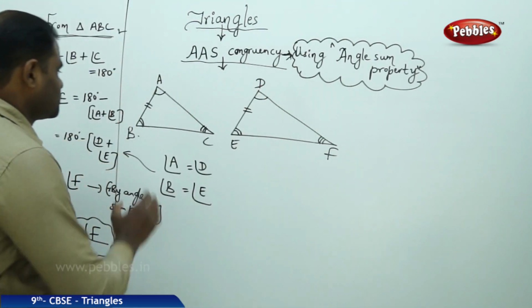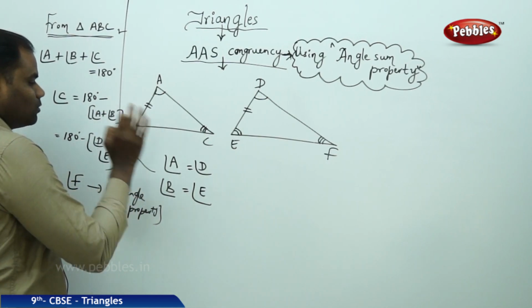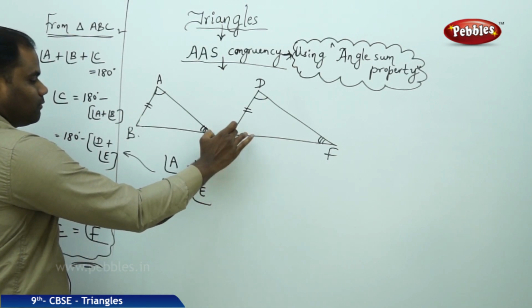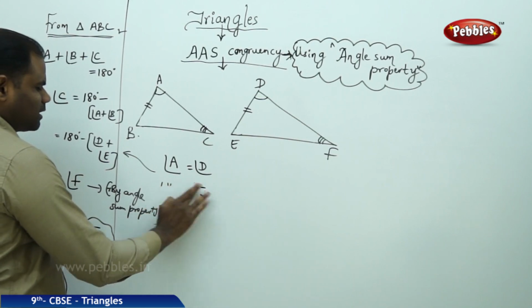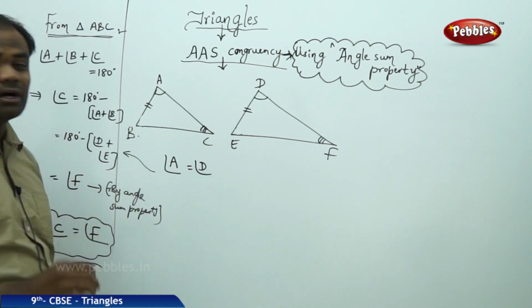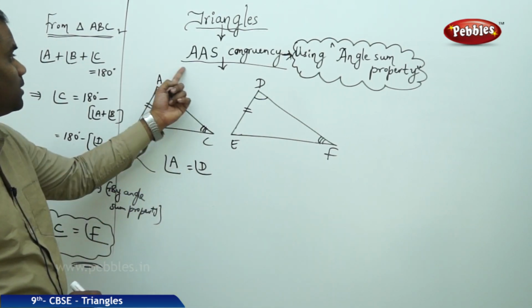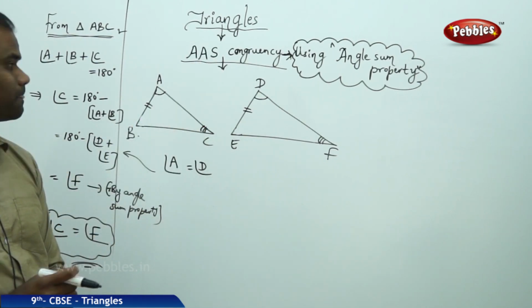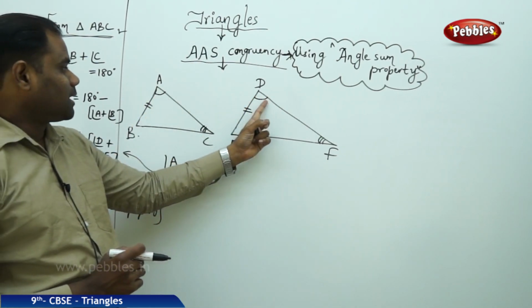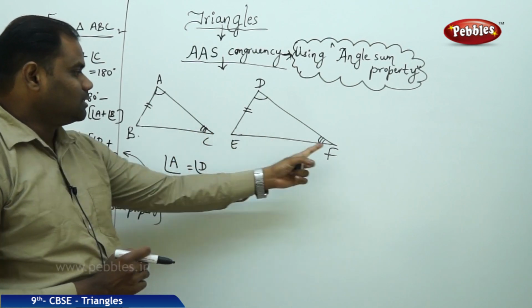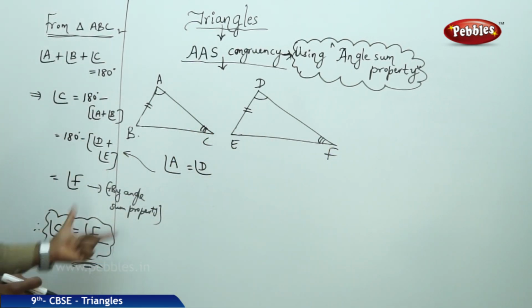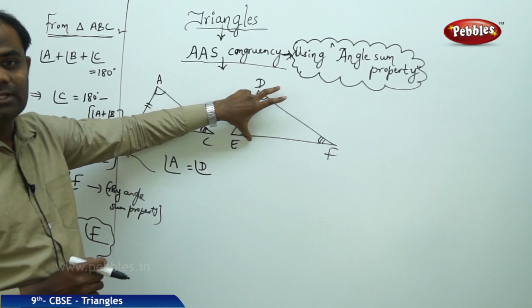Now let me just remove this. I don't want to utilize the condition of angle B equals angle E. Now let's see how the axiom reduces to the AAS rule. Angle A equals angle D, angle C equals angle F as proved, and AB equals DE.